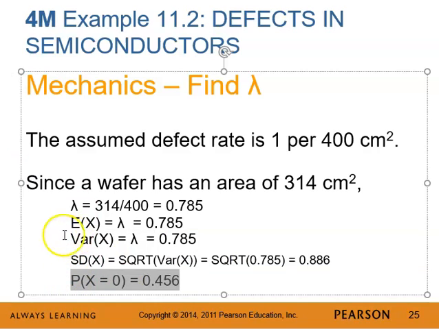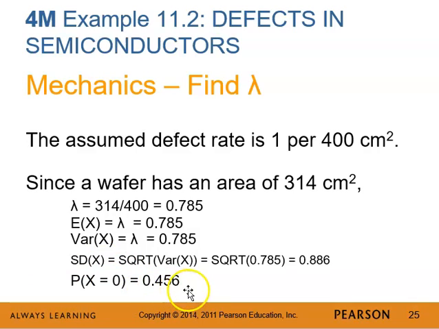Okay, so the next step is answering a question of probability. What's the probability of x to be 0, right? So no defects, and you can calculate that in the formula that you learned earlier, you just plug in 0 as x and lambda, and you get 0.456, or 45.6%.